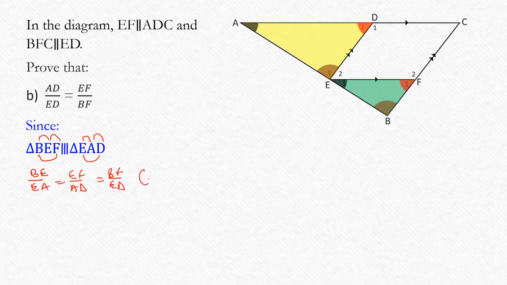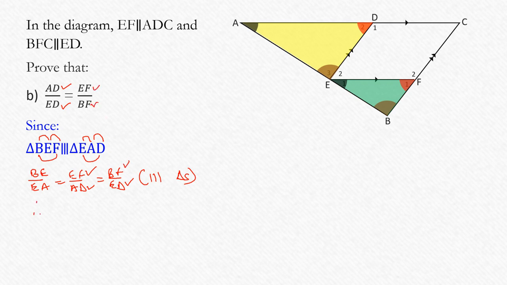The reason here is similar triangles. Now let's check what sides we have here. We have AD there, ED there, EF there, and BF there.